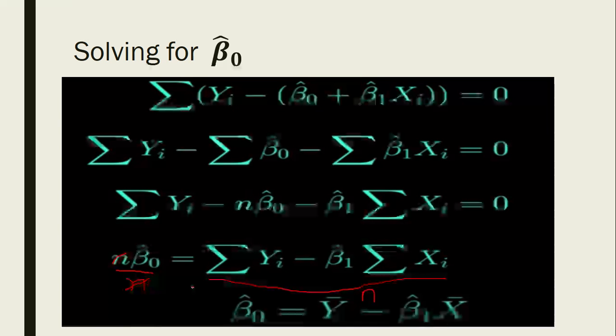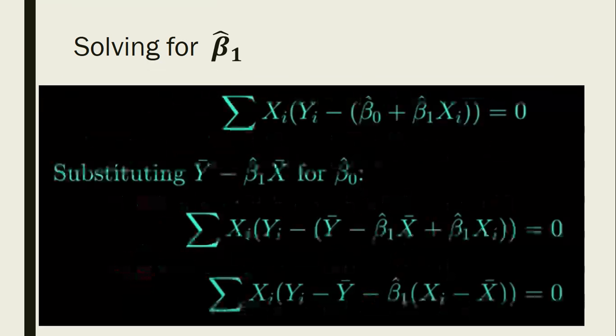The sum of y over n gives y bar, and the sum of x over n is equal to x bar. And we end up with beta hat naught equaling y bar minus beta 1 hat x bar. That does not do much good without knowing what beta 1 hat is.